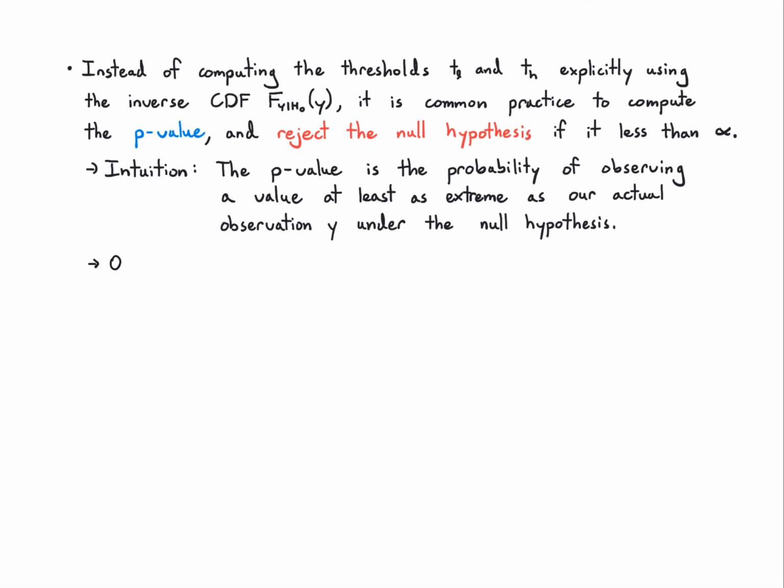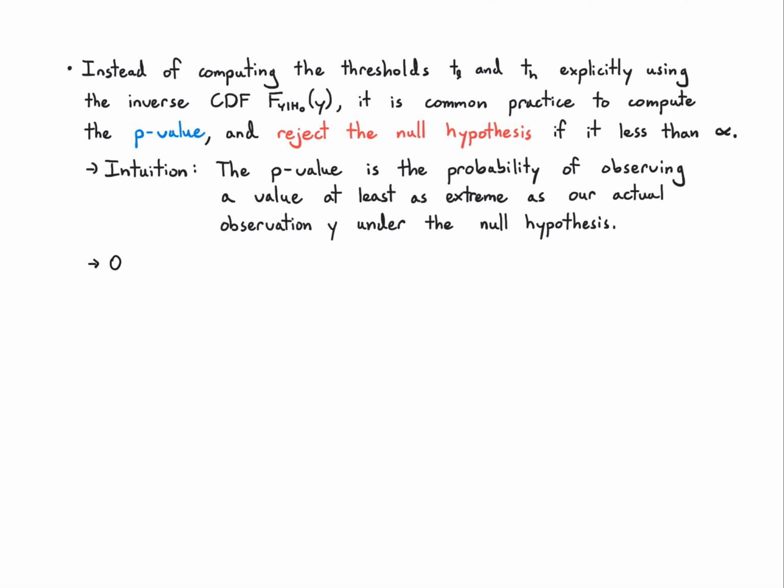What's the probability that I would have actually observed y or something even crazier than y, whether that means it's larger or smaller, but something that's more extreme? If that probability is really small, smaller than the significance level that I've set, then I'll reject the null. I'll say, based on my significance level, I don't think that the null does a good job of explaining my observation, so I'm going to reject the null hypothesis.